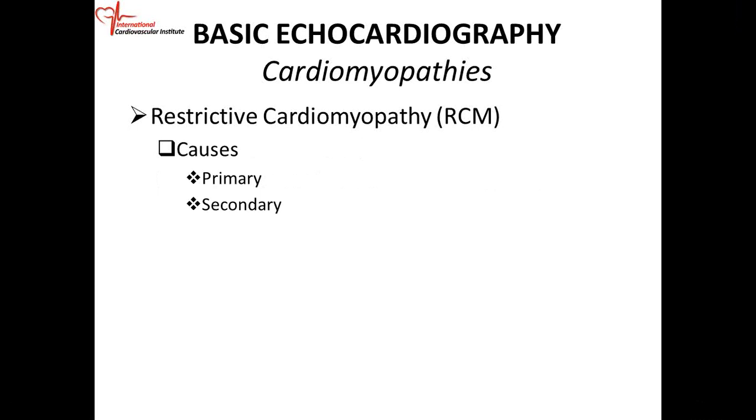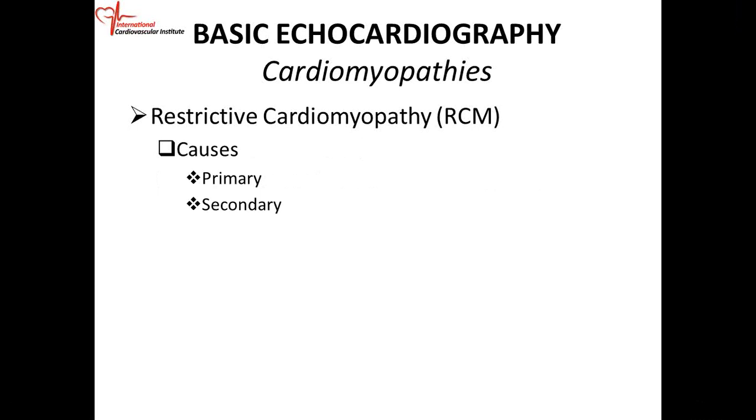So we divide disease processes into primary and secondary. So a primary restrictive cardiomyopathy affects the heart muscle alone. Whereas with a secondary cause, you may have a disease somewhere else, such as lung cancer or something like that, and then it affects the heart, giving rise to a restrictive cardiomyopathy.